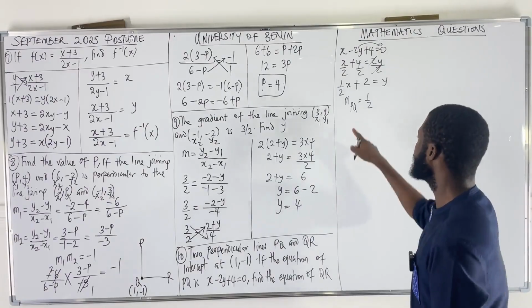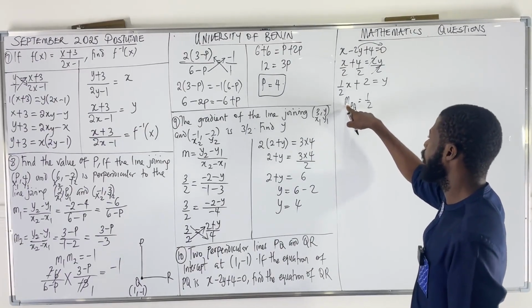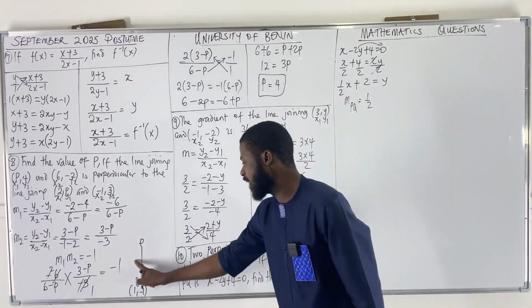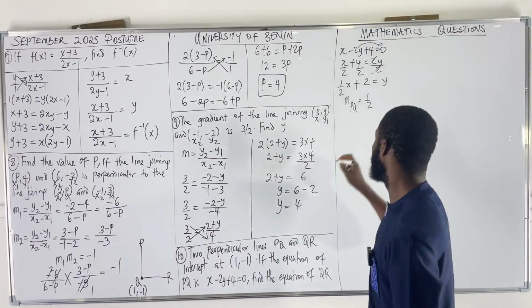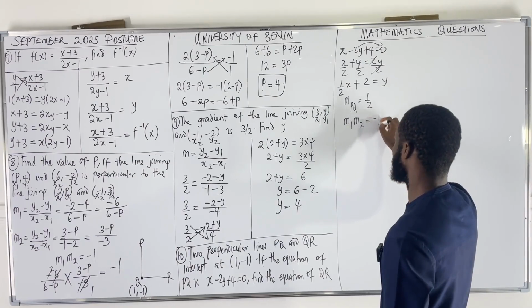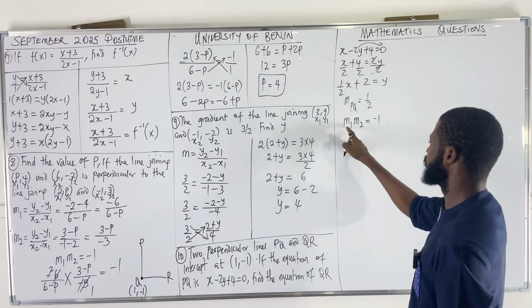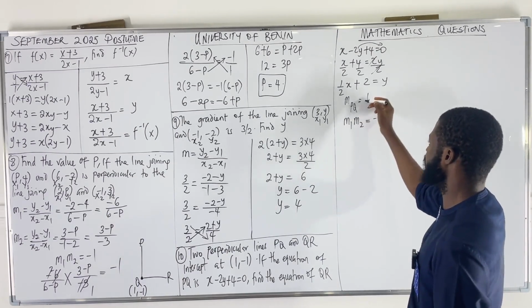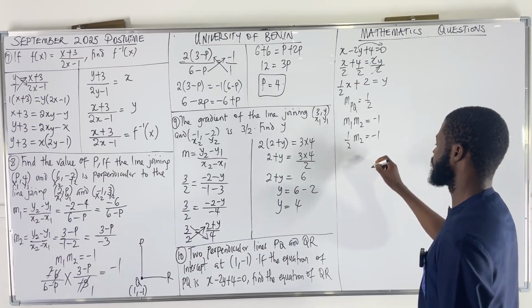QR. So if this is the gradient of PQ, what will be the gradient of QR? Now, if these two lines are perpendicular, I know that M1 M2 is equal to minus 1. So M1, which is 1 over 2, the first line, then we have M2 equal to minus 1.